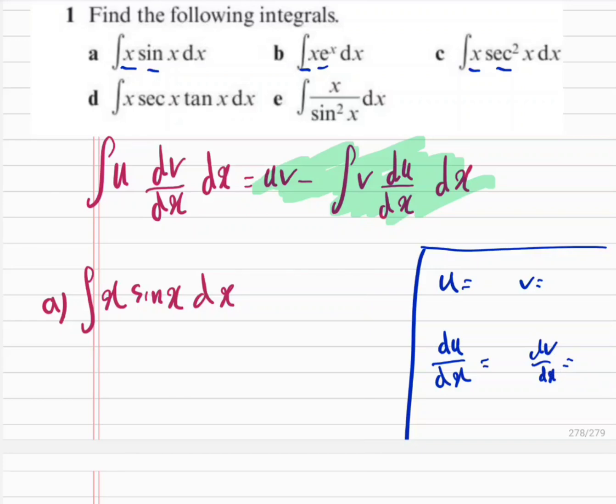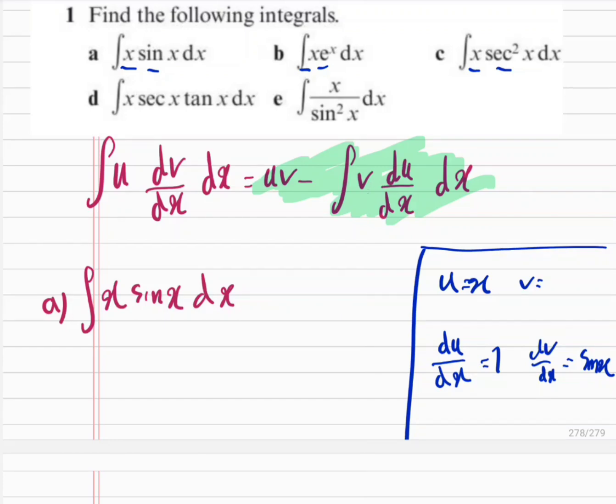We normally want to set the easier, simpler-looking function equal to u, and the one that may be a bit more complicated equal to dv by dx. The reason is that when we differentiate u, the derivative is something even simpler. In this case, when you differentiate x, you simply get 1.